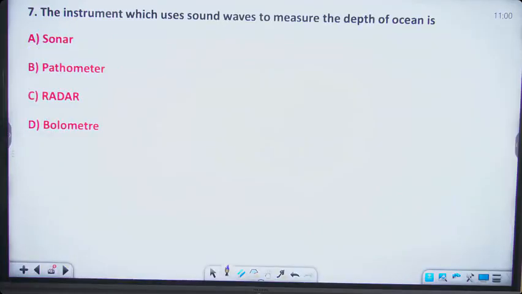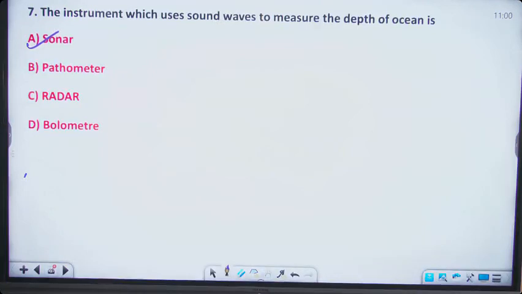The instrument which is used or which uses sound waves to measure the depth of sea or ocean. So here in this particular case, sonar is used for measuring the depth of sea or ocean.